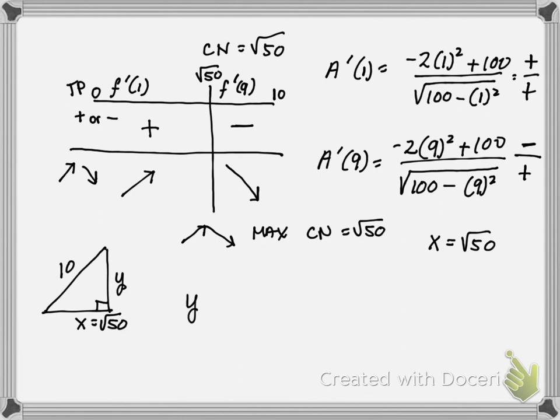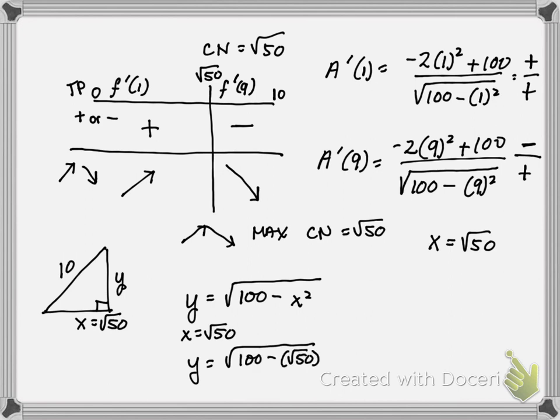To solve for y, we had y isolated when we plugged it into the area formula. Remember, y equals the square root of 100 minus x squared. So I'm going to find y when x equals the square root of 50. So y equals the square root of 100 minus the square root of 50 squared.